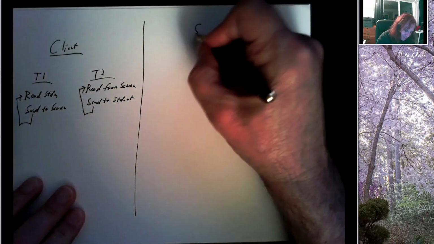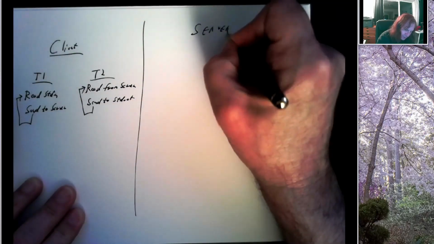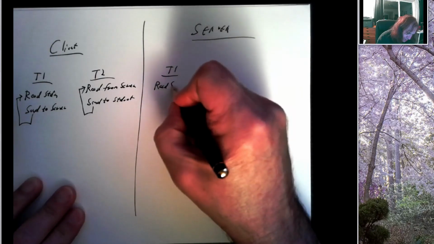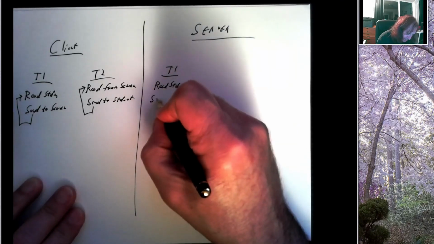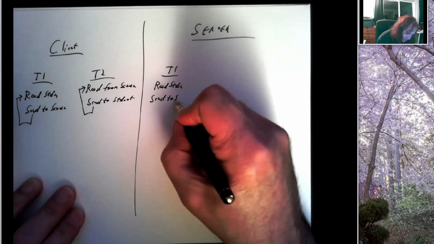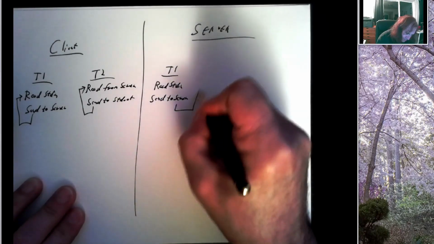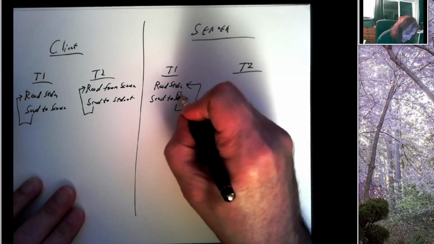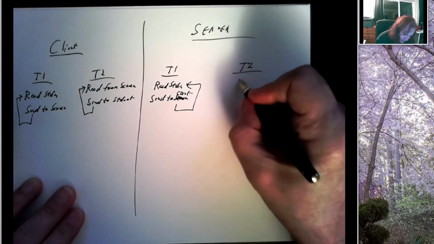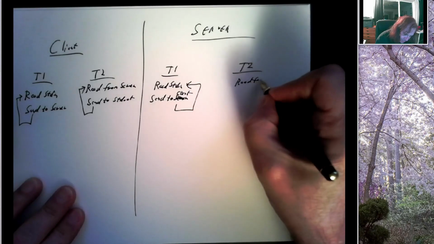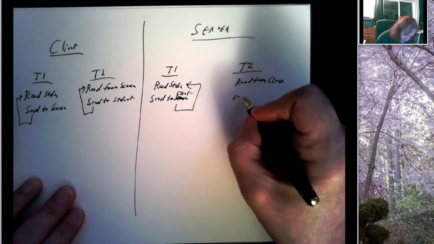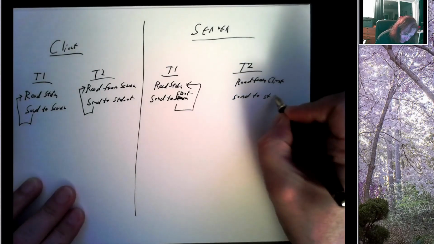And then on the server side, we also have a pair of threads. Thread 1, read from standard in, send to the client, in a loop. Thread 2, read from client, and send to standard out.